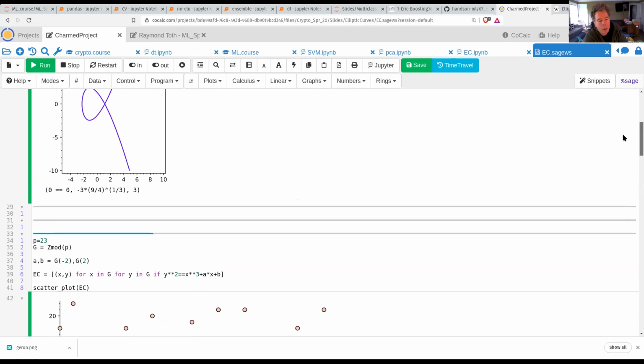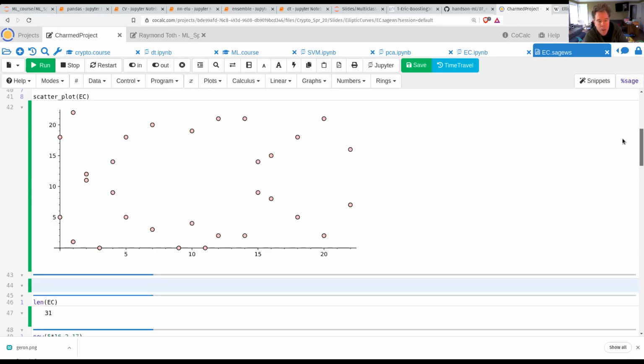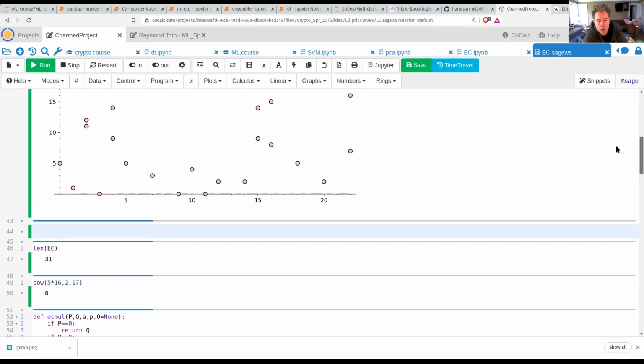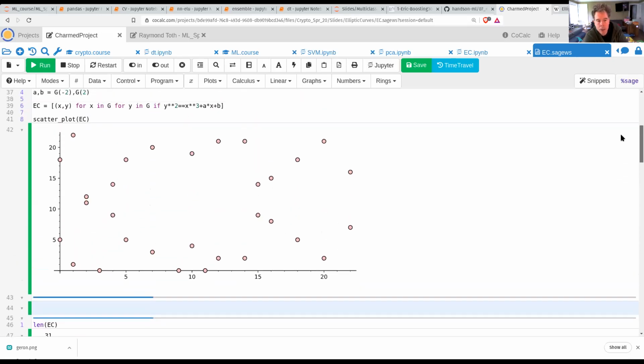And now the elliptic curve is just the pairs x, y for x in G and for y in G if the curve equation is satisfied. And then if I plot them, I get this picture of them. It turns out that there are 31 of them. That's kind of interesting, isn't it?